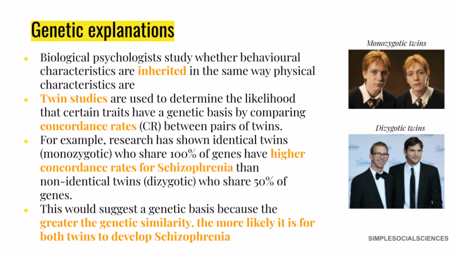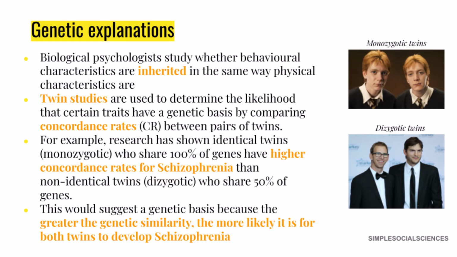Twin studies are used to determine the likelihood that certain traits have a genetic basis, and they do this by comparing concordance rates between pairs of twins. Concordance rates are basically the percentage of twins or any other blood relative who exhibit a particular trait or disorder. Let's take an example of schizophrenia.